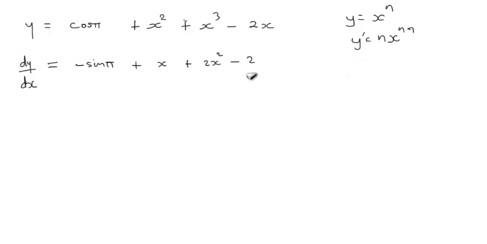All what you've written here does not make sense to anyone. So correct the mistake. Let me correct the mistake. It's minus sine pi. Plus 2x to the power 2 minus 1.